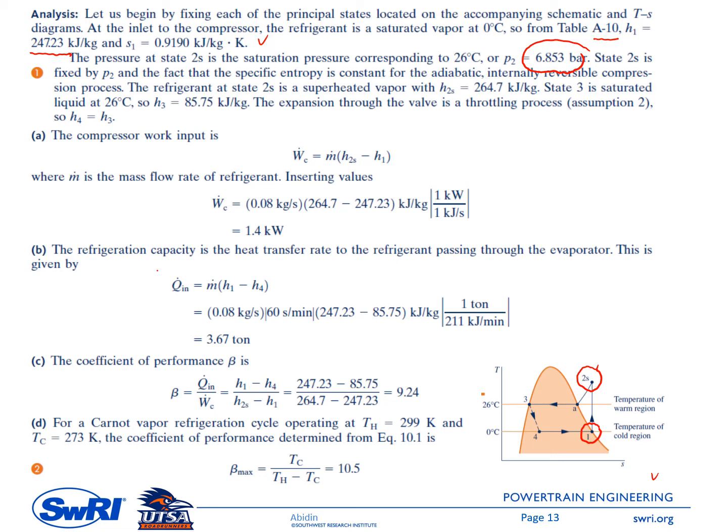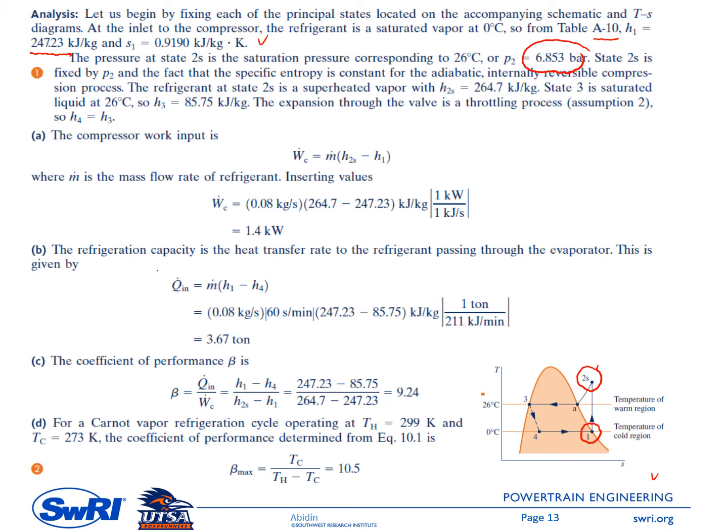So we have pressure 6.853 bar, and from this TS diagram you know that S2s equals S1. So very probably you need to do an interpolation to get the data at state 2s, with pressure 6.853 bar and S2s equal to 0.919. It looks like you need to do a double interpolation here.